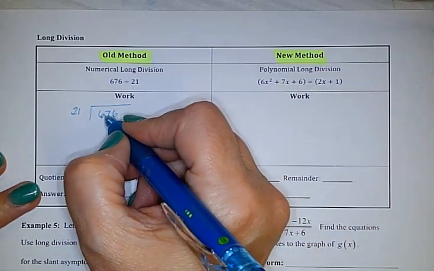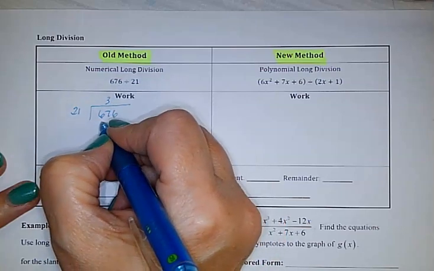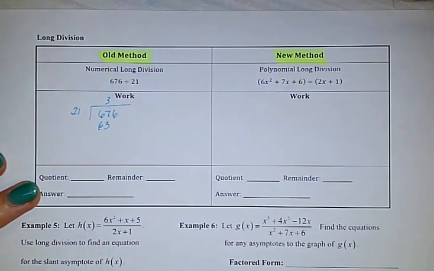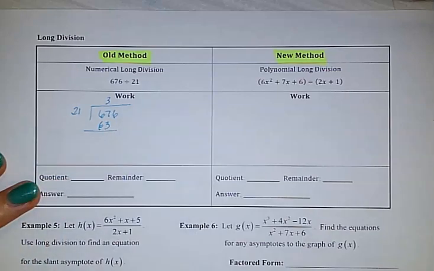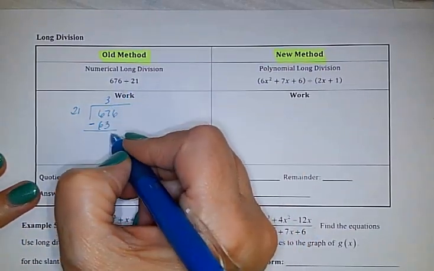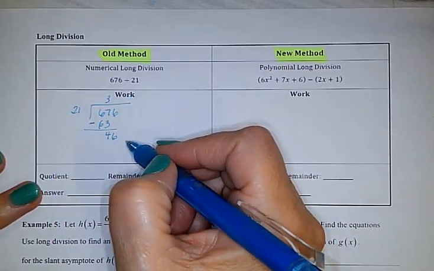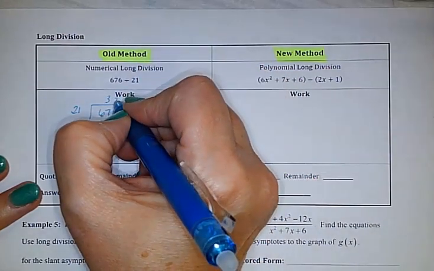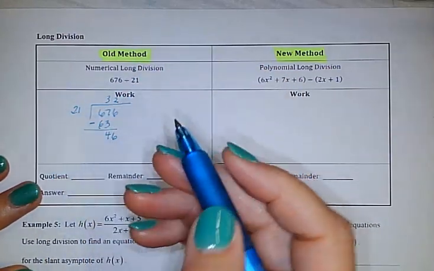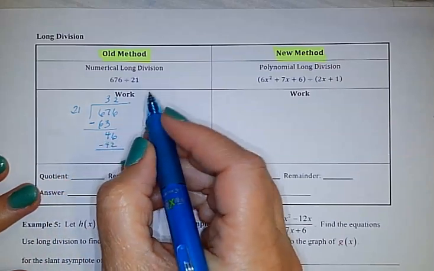So you would say 21 goes into 67, 3 times. 21 times 3 is going to give me 63, and when I subtract, that's going to be a difference of 4, and I bring down the next digit. Then I say what times 21 goes into 46, and that's 2. Then I say 21 times 2, which is going to give me 42.